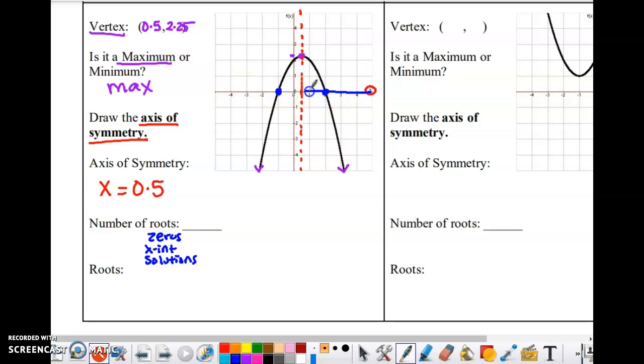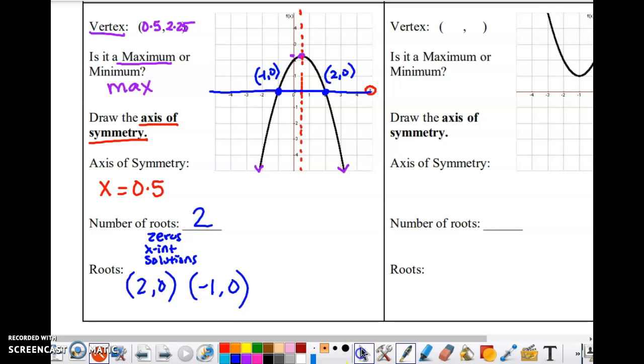This is the x-axis, and it crosses it 2 times. So there are 2 roots, 2 zeros, 2 x-intercepts, 2 solutions. And those are at (2, 0) and (-1, 0).